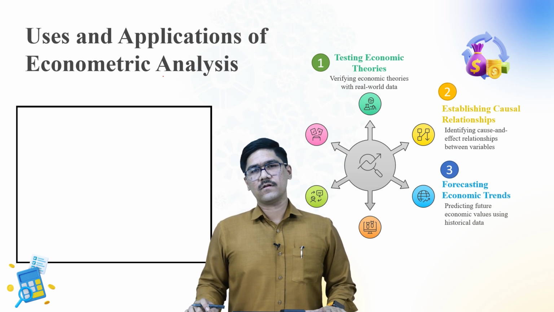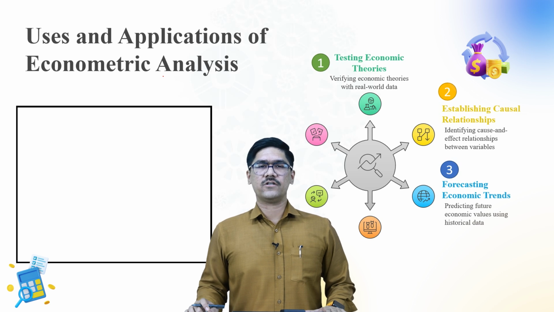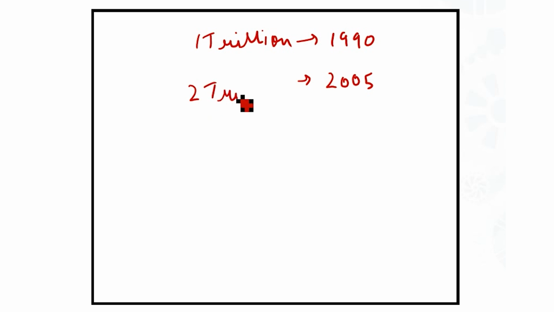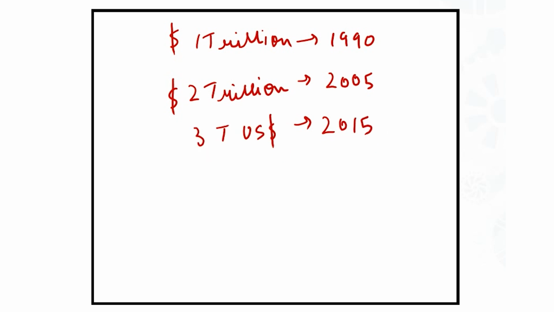Say, for example, hypothetically, let us say an economy of a country X has reached 1 trillion dollars in, let us say, 1990. It takes the next 15 years to reach $2 trillion. Similarly, it might take the next 10 years to reach its third trillion, and so on and so forth.